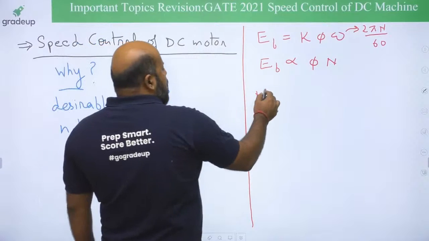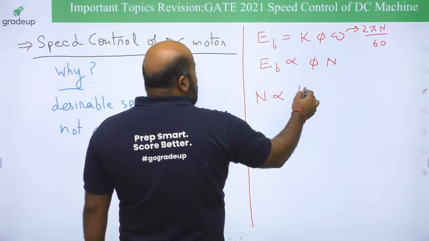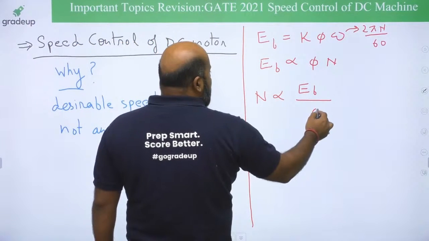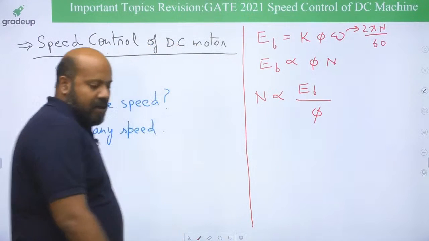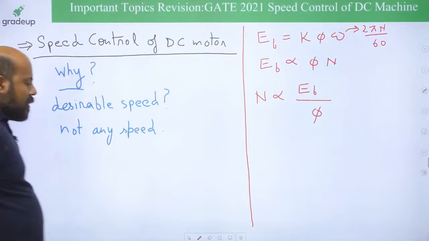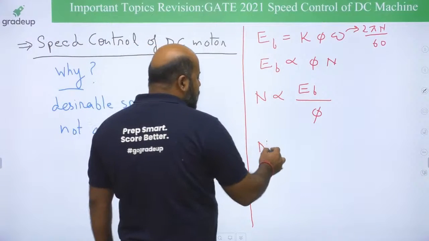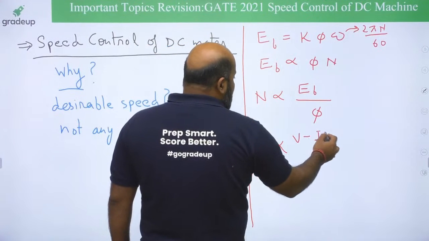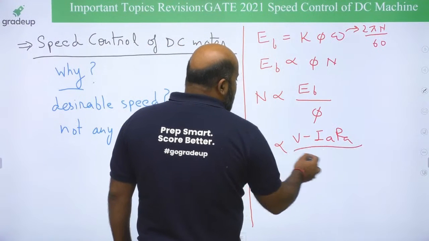From here you can write N directly proportional to EB upon phi. Now for a motor, in general, if you want to write the back EMF in terms of the terminal voltage, then you can write it as V minus IA RA upon phi.